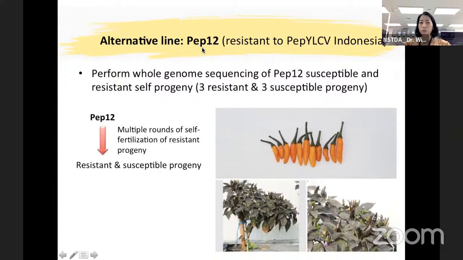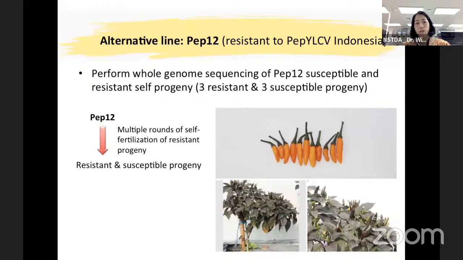However, the reason that we didn't propose to work on PEP12 in the original proposal was that PEP12 has a somewhat less desirable phenotype for the fruit color, and the plants themselves have a lot of anthocyanin. The young fruit is somewhat purplish, which is not really the desirable color for chili for the market. And when it's ripened, it's also not the bright red color that you usually see in the market. It's like somewhat orange.